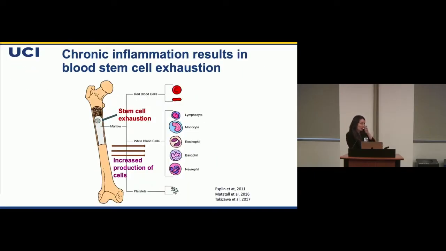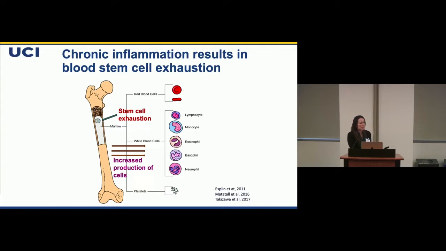And chronic inflammation can cause bad effects in the body, but chronic inflammation can also cause significant harm to blood stem cells, or hematopoietic stem cells.